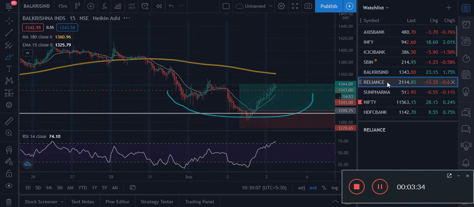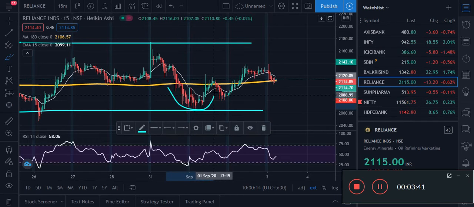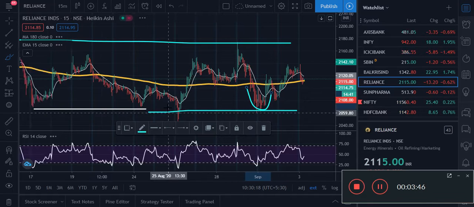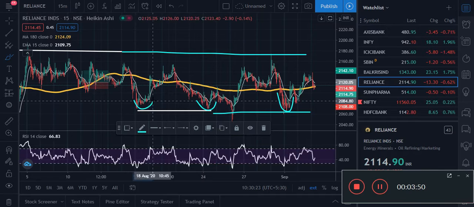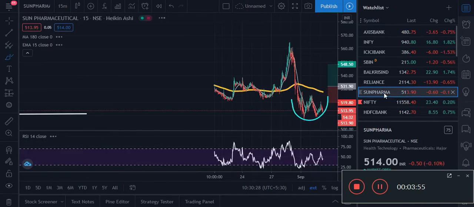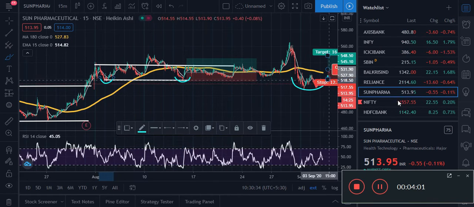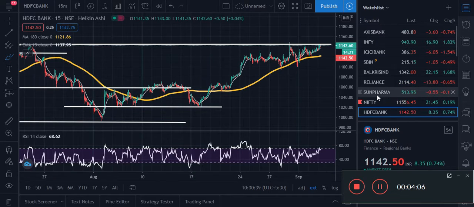So Reliance again, you see there's a small cup and handle formation here, right near the support levels. Again, you see here. Always in the past there's a cup and handle formation done, and that's how it gets easier for us to understand when there will be a bounce back, or whether I can see a bounce back coming very soon.